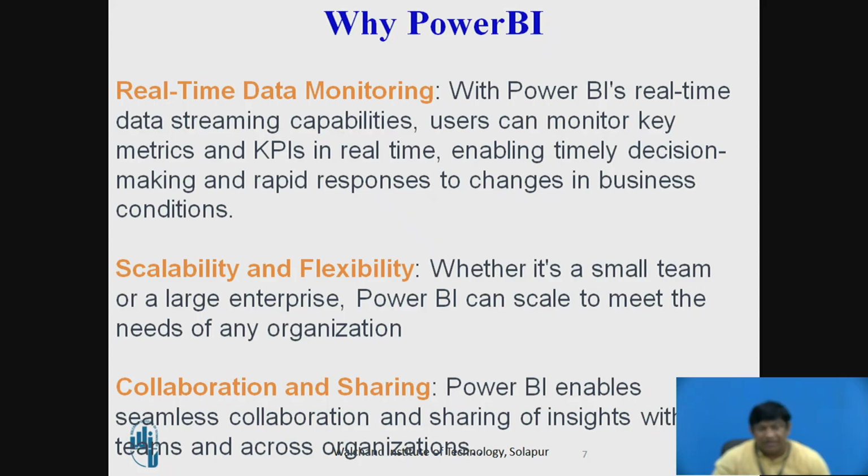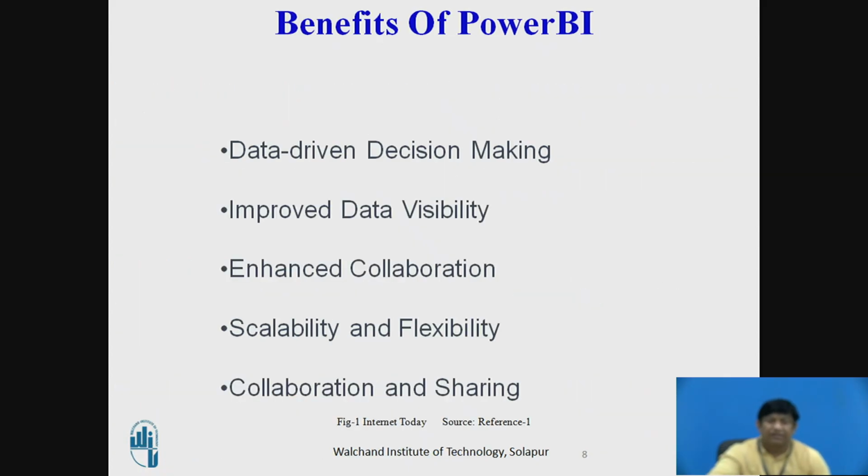Scalability and flexibility: it indicates whether it is a small team or a large enterprise, Power BI can scale to meet the needs of any organization. Means it can be used for a multi-purpose or multiplex company, or we can use it for a small industry also. Then collaboration and sharing: Power BI enables seamless collaboration and sharing of insights within teams and across the organization.